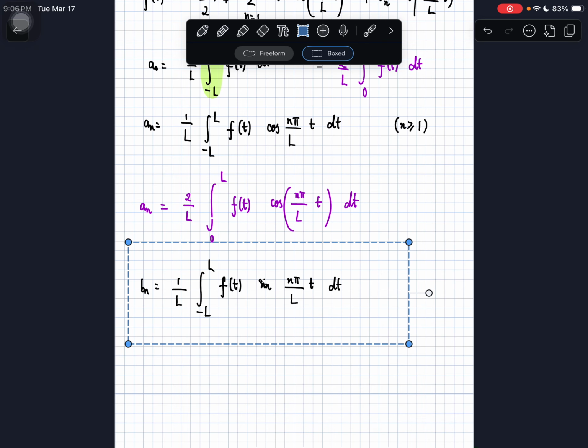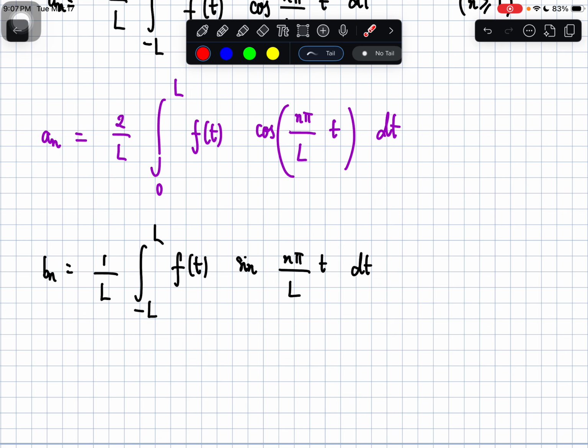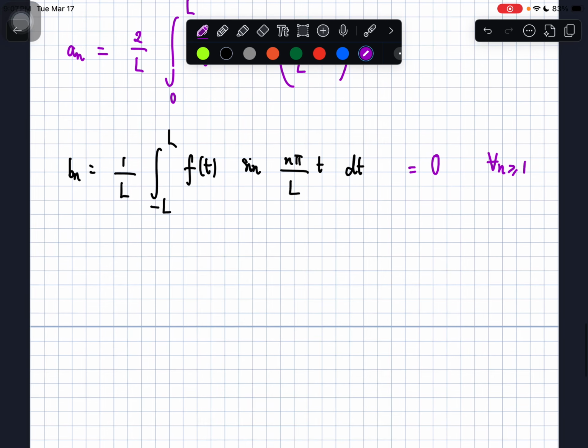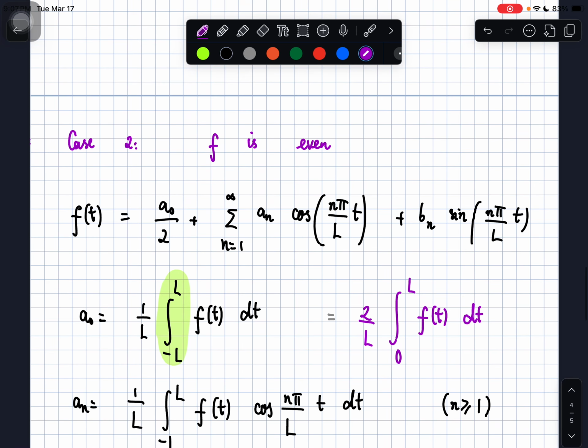Bn: f is even, sine is odd, this function is odd. Integral over a symmetric interval, 0 for all n. So now we have the Fourier series. These terms are 0. So f(t) equals this.